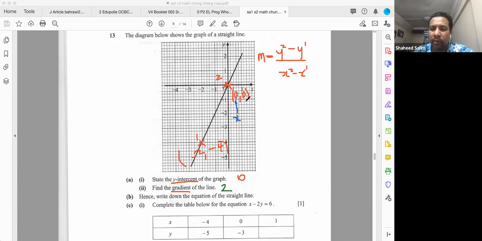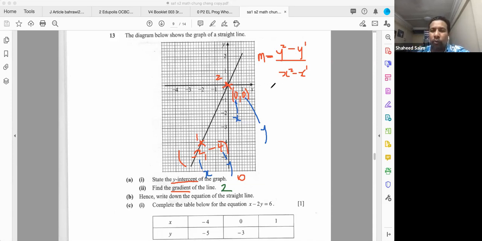So you can call this x1, y1, x2, y2. Now substitute the value and find the gradient, please. Show me the working. Are you confused? Yes, you are confused. Okay.